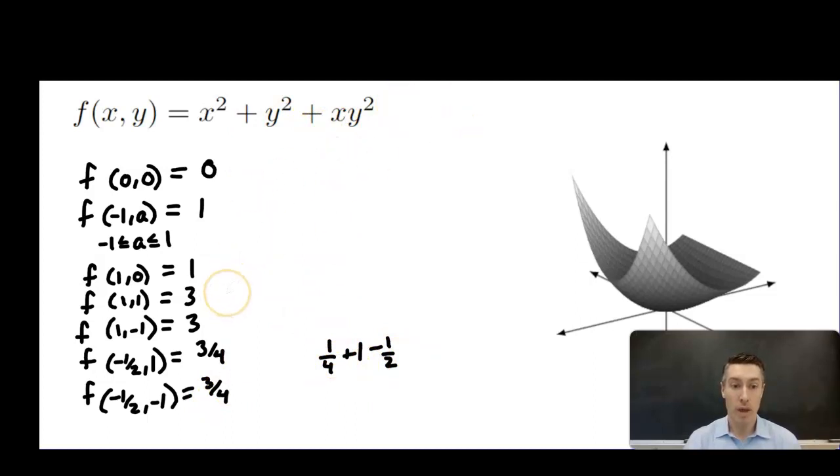Okay, so we have 2 points that give us an absolute maximum of 3. And we have 1 point which gives us an absolute minimum of 0.